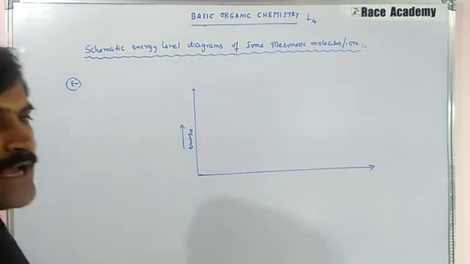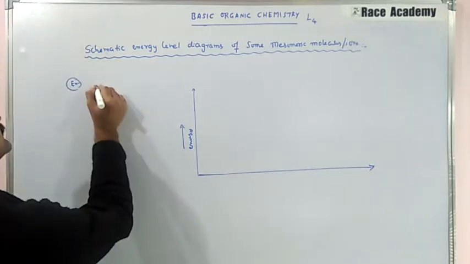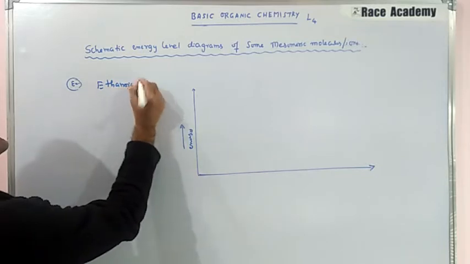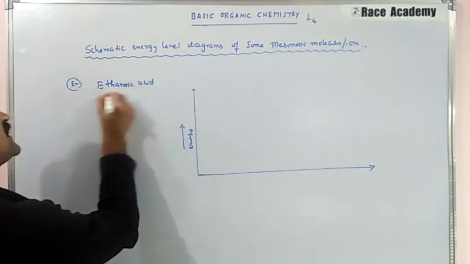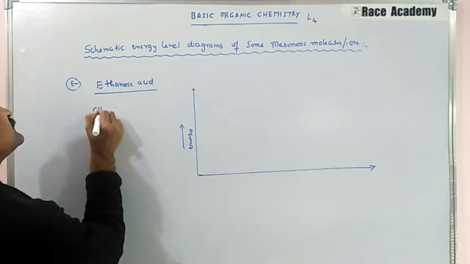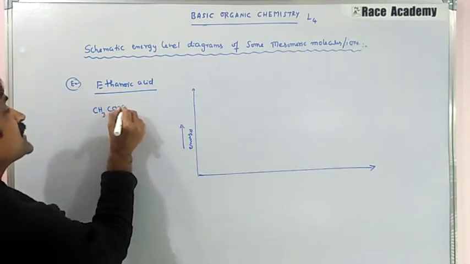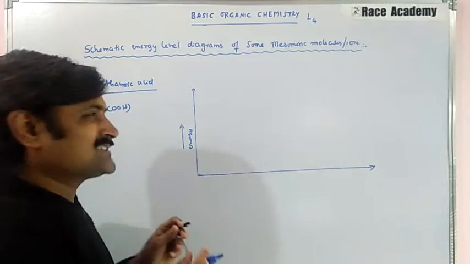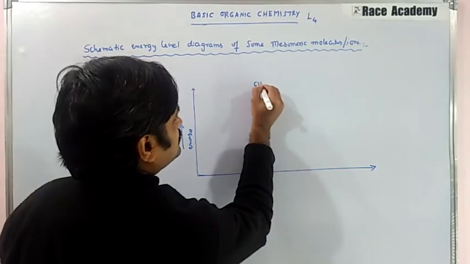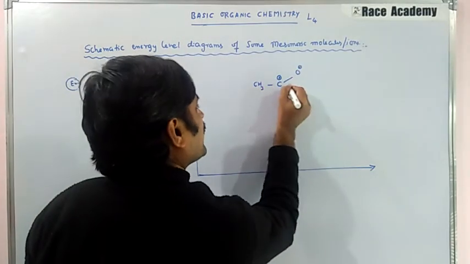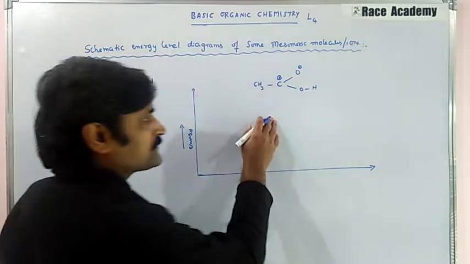Next, I am going to write ethanoic acid. You all know ethanoic acid is nothing but acetic acid. That is CH3COOH. It has different kinds of structures, in which we have CH3C+(O-)OH like this.